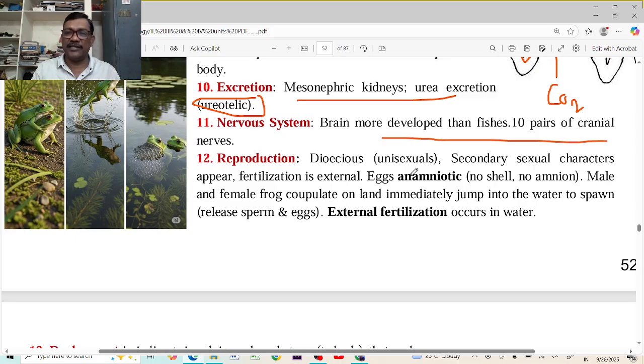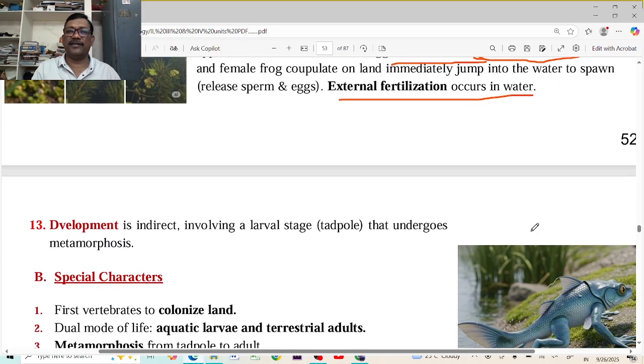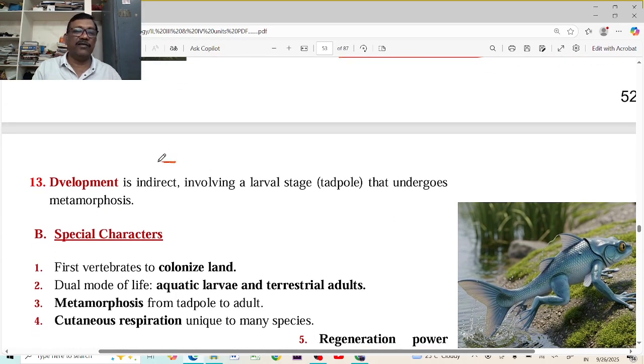These eggs do not have any shell and no amnion. These are anamniotic eggs. The fertilization takes place in the water; that is called external fertilization. Development is indirect. This is very important, because the tadpole larva is in the middle.